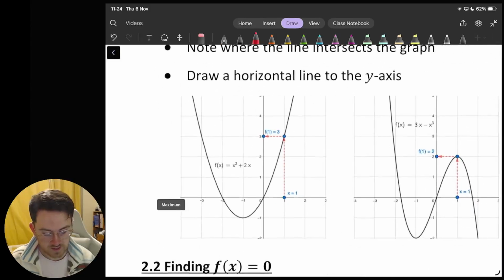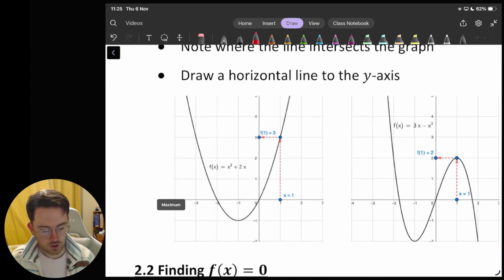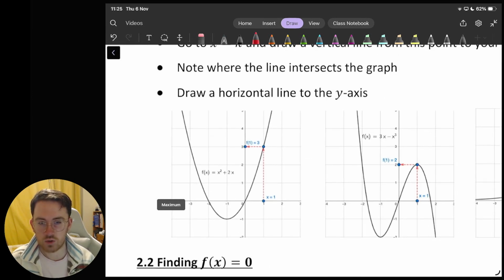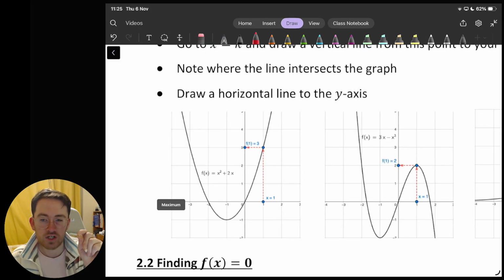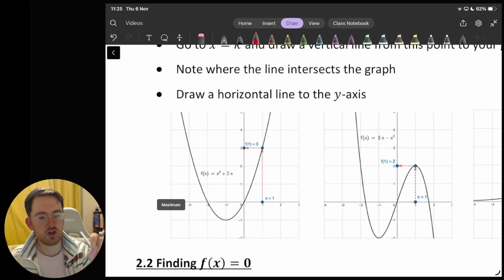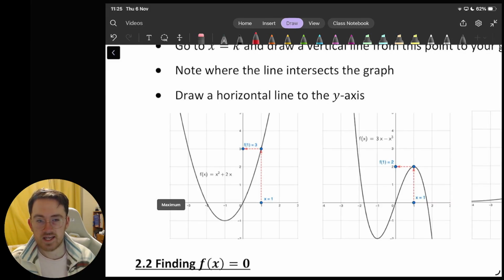Like we've done in one of these examples here, if I know that the input is 1, I can go over to where x is equal to 1, and I can draw a line upwards until I meet my function to highlight what point that is on my function on the curve. And I can then go across to the y-axis to see the corresponding y value.